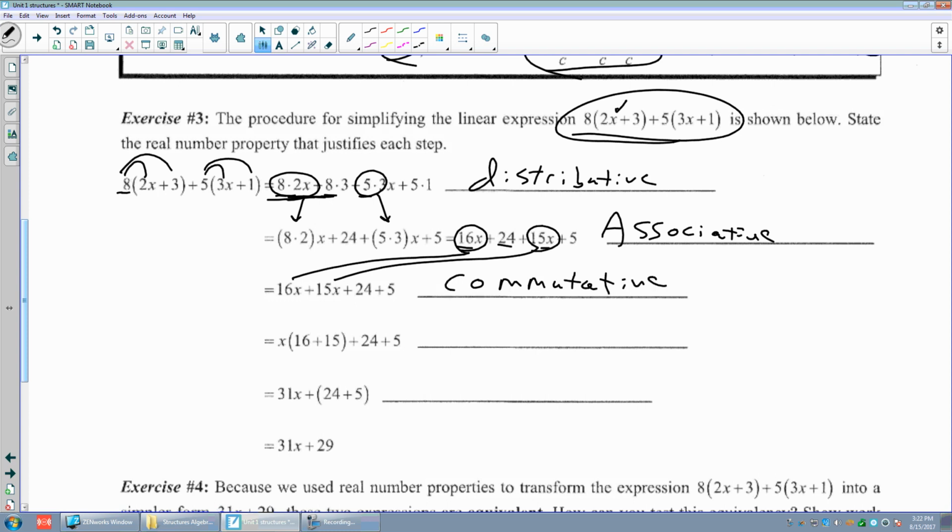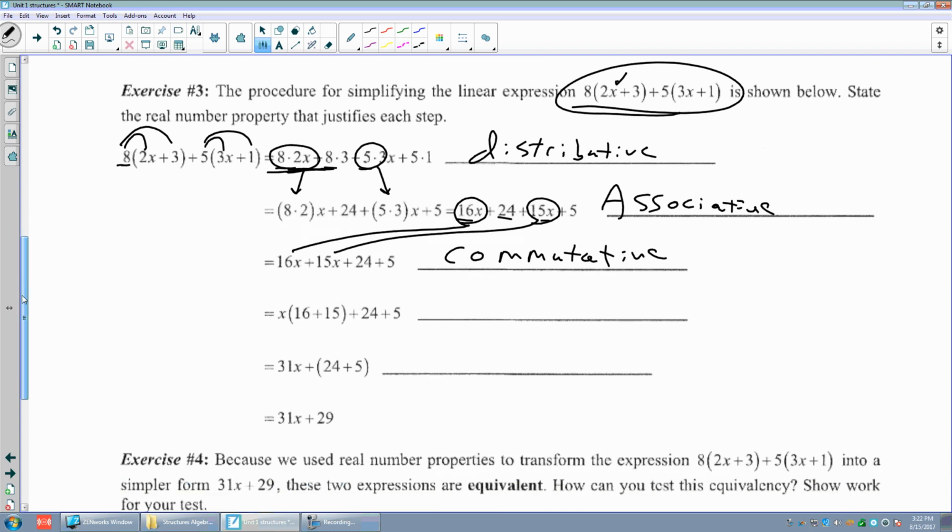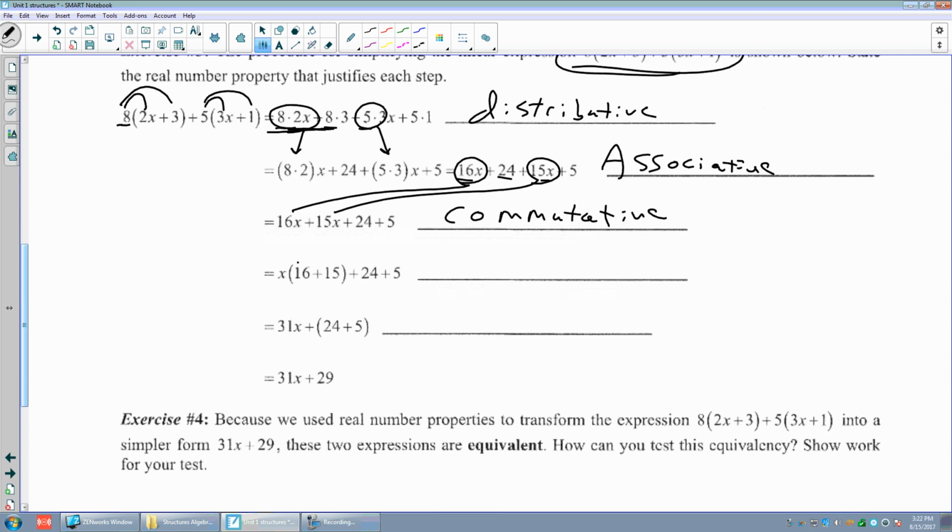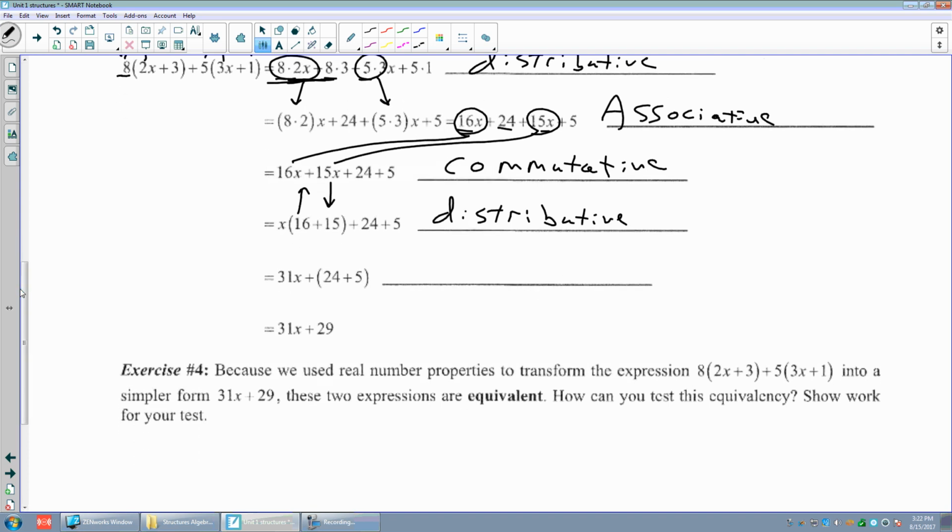The commutative property. Then, if I look from here to there, it looks like distributive. So from there to there is also distributive. Looks like we added those together and then multiplied by 31.